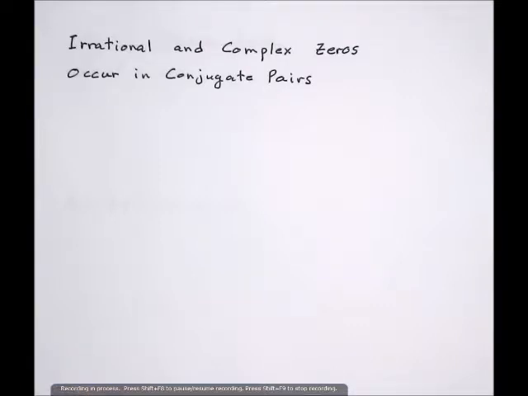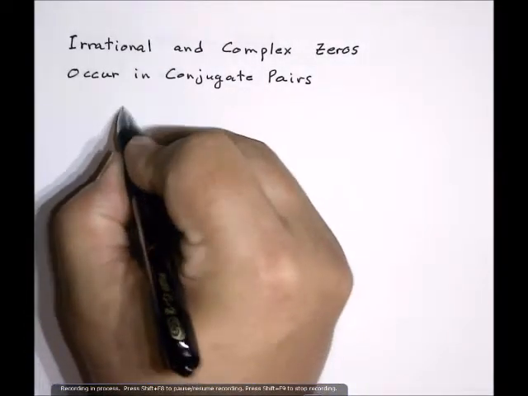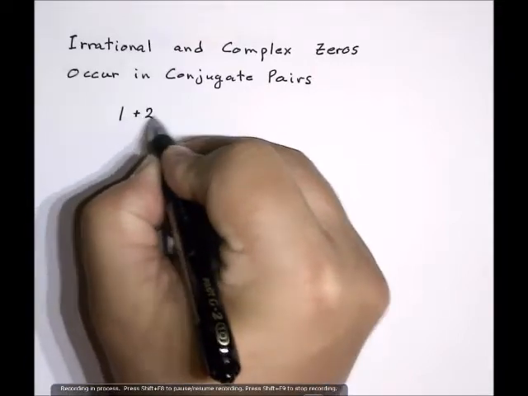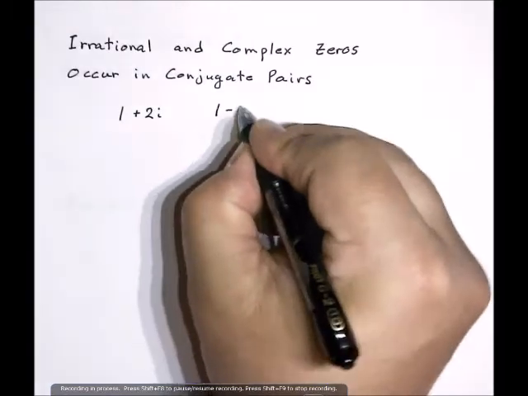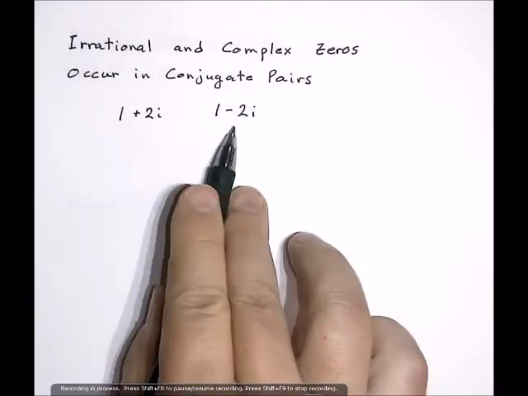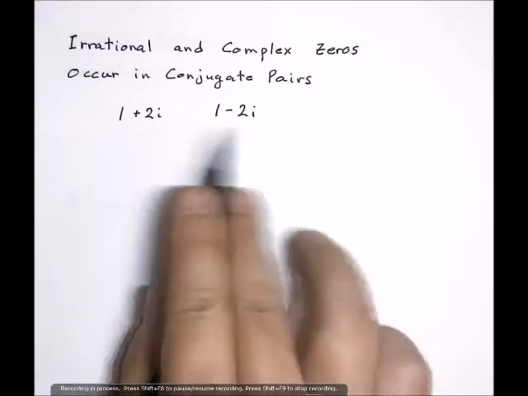One of the important things you need to take away from this section is that irrational and complex zeros occur in conjugate pairs, which sounds complicated, but it's really not too complicated. What a conjugate is, is the exact same number with the imaginary part or the irrational part changing sign.